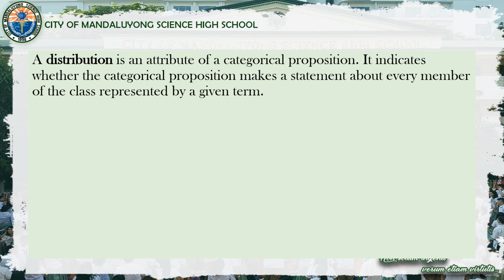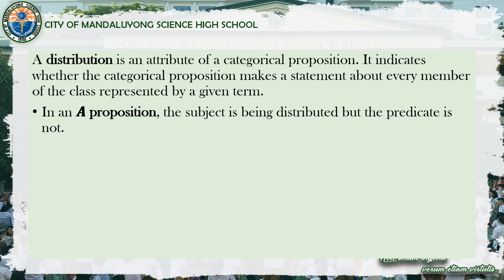It indicates whether the categorical proposition makes a statement about every member of the class represented by a given term. This is a technical term that is introduced para makarakterize natin yung ways in which yung mga terms natin, yung subject term, yung predicate term natin, can occur in a categorical proposition.